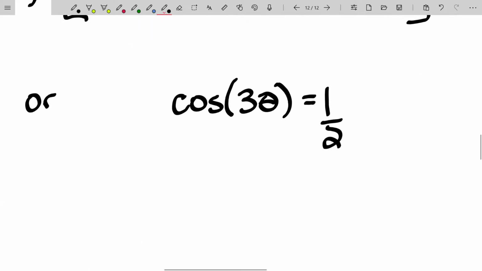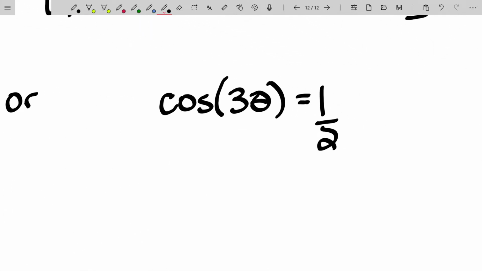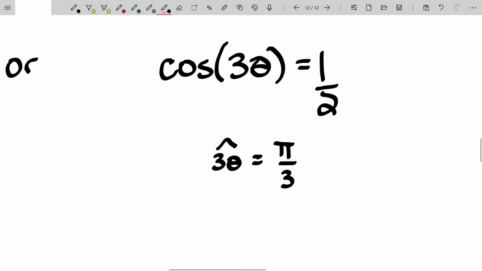And the second equation, well, this is all about reference angles and quadrants. 3 theta. The cosine of what angle gives me 1/2? Well, you should know at this point, now that we've done this enough, the reference angle should be pi over 3. Cosine of pi over 3 is 1/2. And cosine is positive in quadrants 1 and 4.